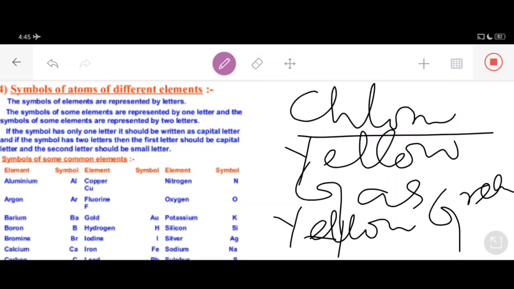So this was the historic background as far as symbols of atoms of different elements are concerned. In the next video lecture, my dear students, we are going to discuss some of the Dalton symbols and alchemist symbols.